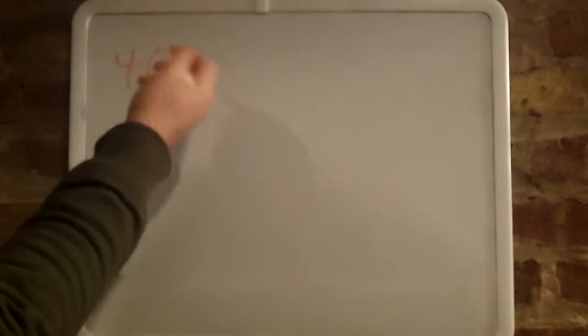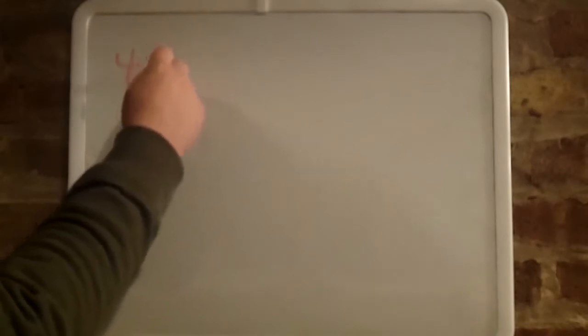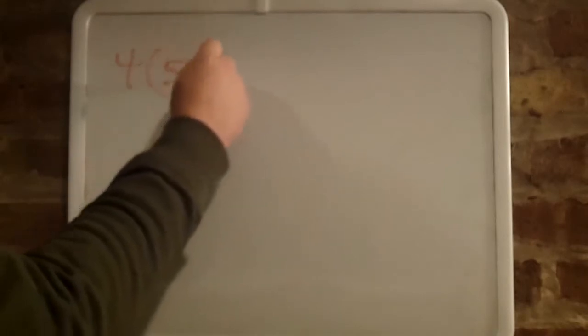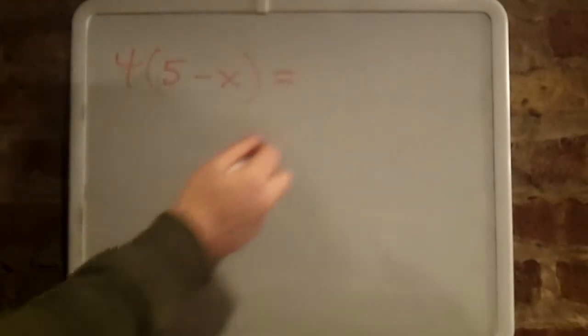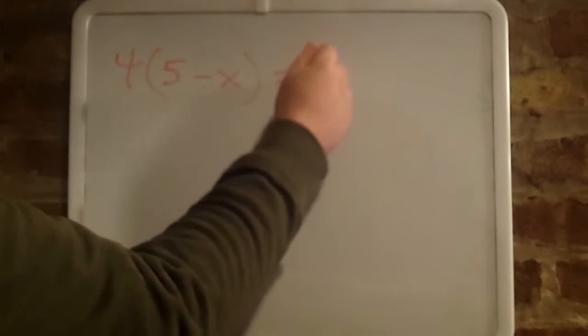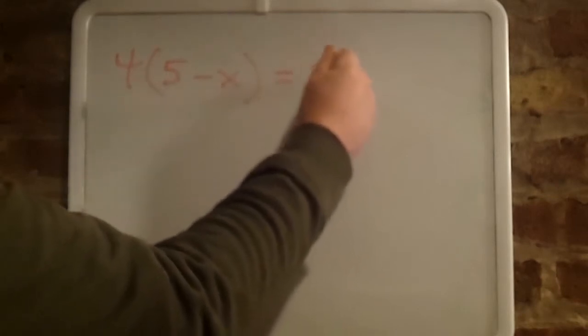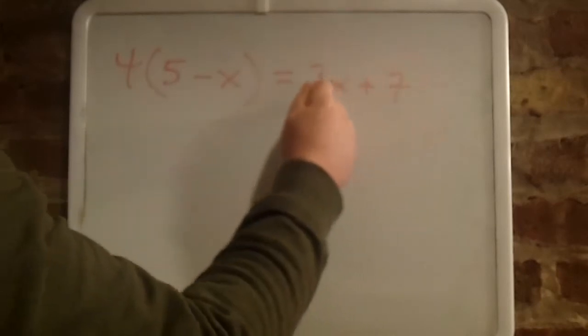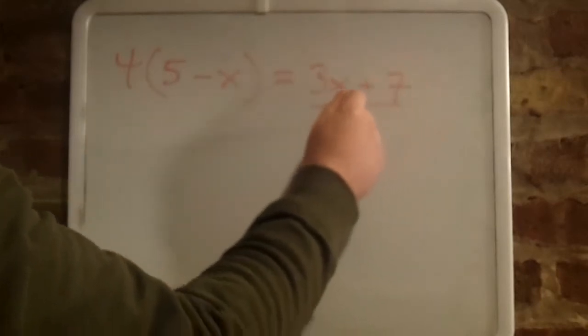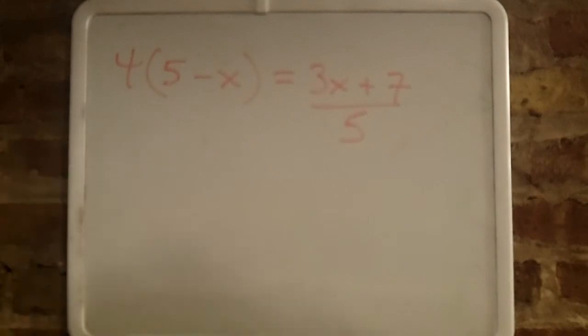If I throw in some more parentheses, so I have 4 times, I don't know, okay, now I have x's on both sides, but I still need to get everything out over on the left.